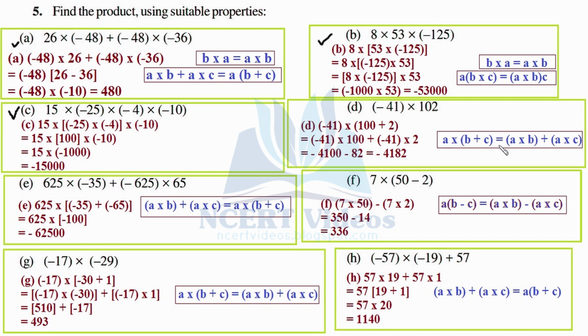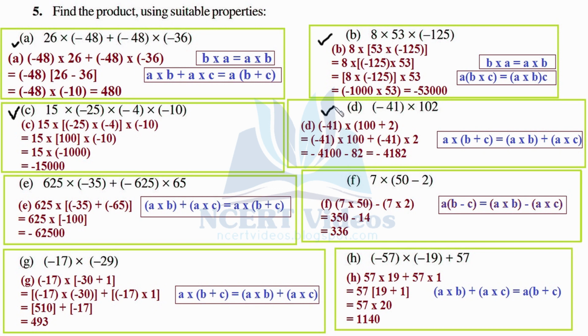And this is the identity that allows us to do it, that you have studied in this chapter: a into b plus c equals a into b plus a into c. So fixing two zeros, because we multiplied with 100, minus 41 into 2 is minus 82. Now both are negative, we add them up and put the sign of negative. That is negative 4182 is your answer.